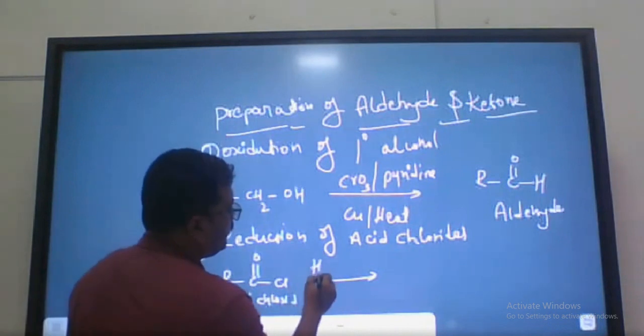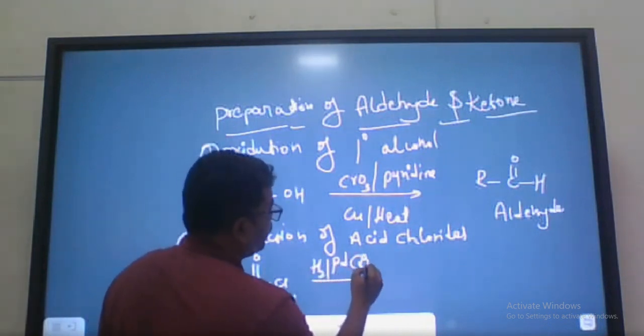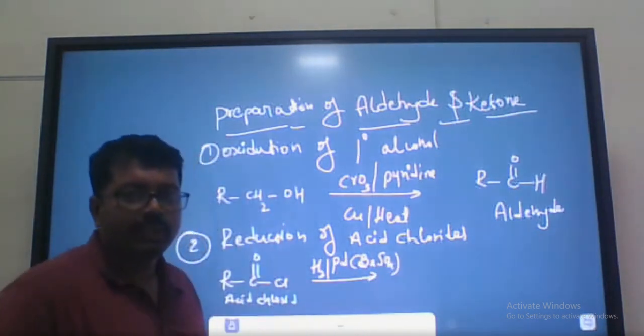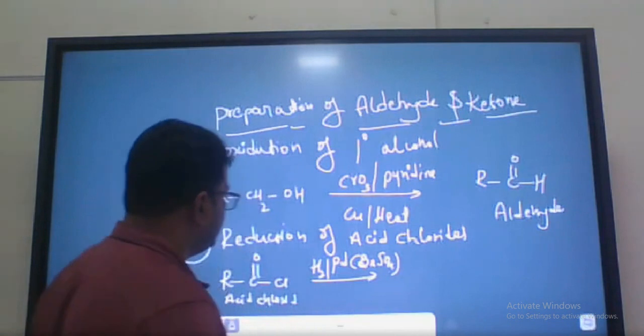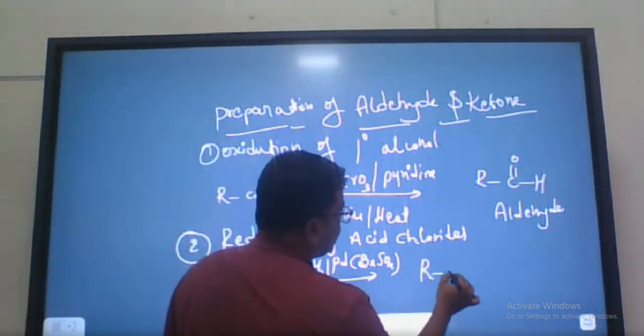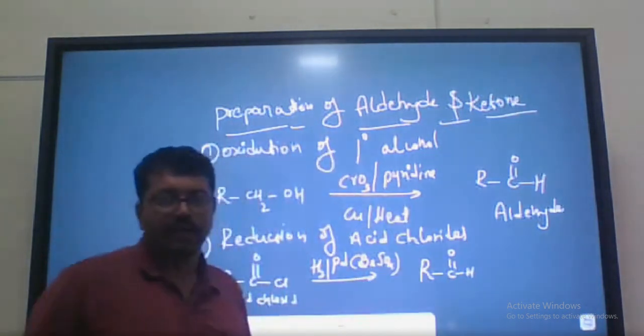Hydrogen with palladium in the presence of barium sulfate, also called Rosenmund reduction, selectively gives aldehyde.